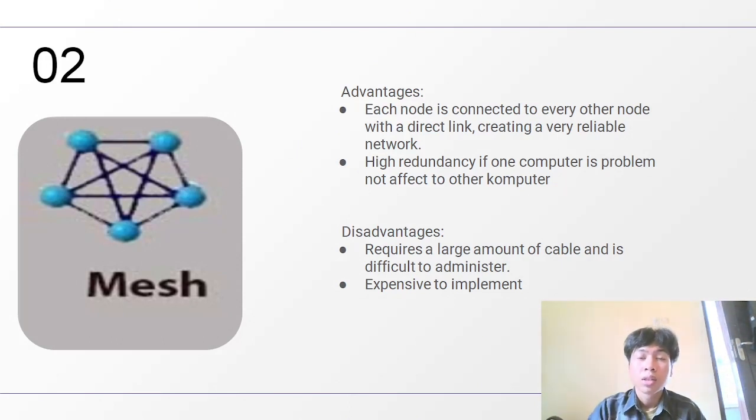Number two, these networks have high redundancy, which means if one computer has a problem, it does not affect other computers. And then, the disadvantages of this topology. Number one, it requires a large amount of cable and is difficult to administer. Number two, this topology is expensive to implement.